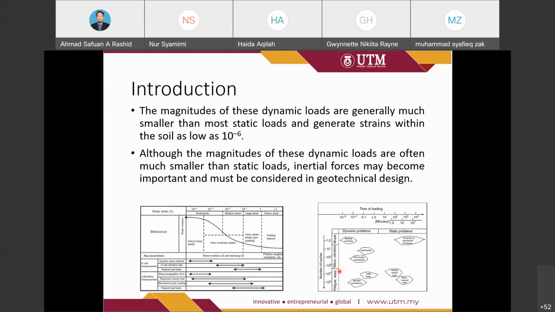So it has the capability to cycle up to 10^3. Then there is the case where the number of cycles can be considered large, which is from 10^3 to 10^5, as those associated with machine foundations and traffic loading.